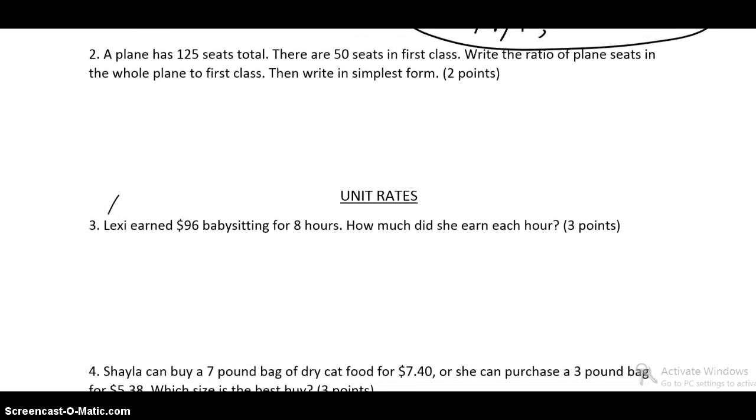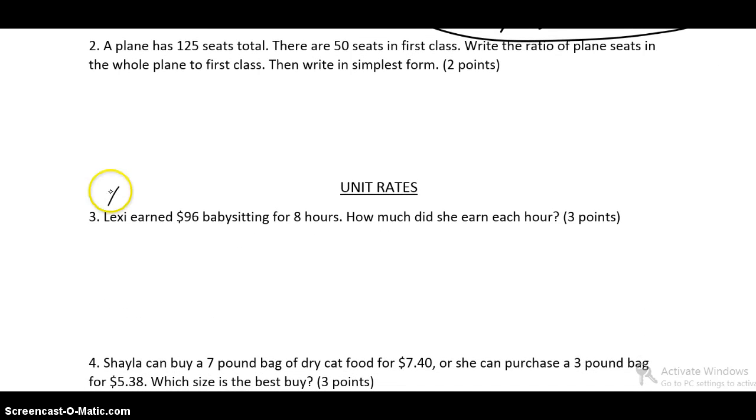Number 2, a plane has 125 seats total. There are 50 seats in first class. Write the ratio of plane seats in the whole plane to first class. So that gives us a hint on how to set this up. It should be the whole plane on the top, and then first class on the bottom.